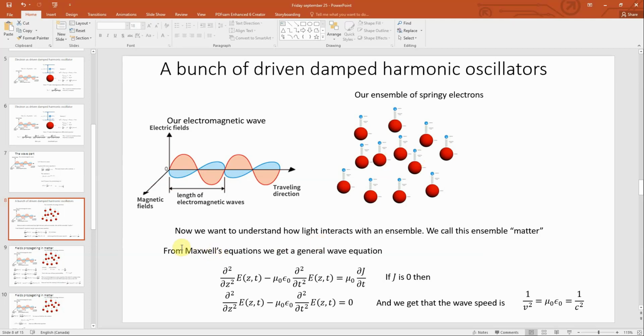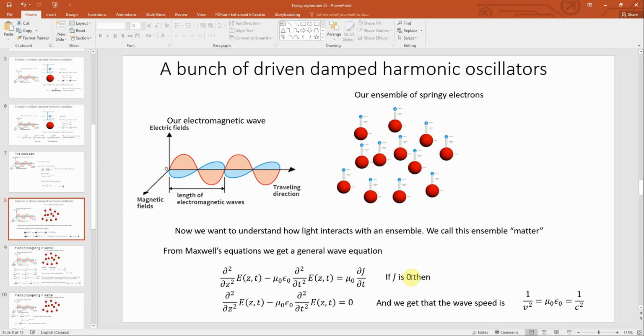So if we did the full derivation from Maxwell's equations to get the electromagnetic wave equation, you get this thing here. What you get is, again, a second order partial differential equation in space and in time, but then you end up with an inhomogeneous part, this derivative of the current with respect to time.